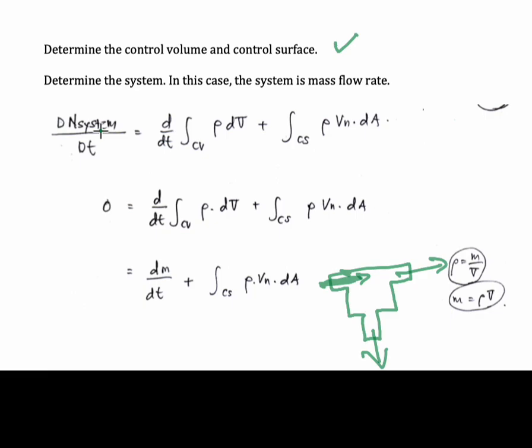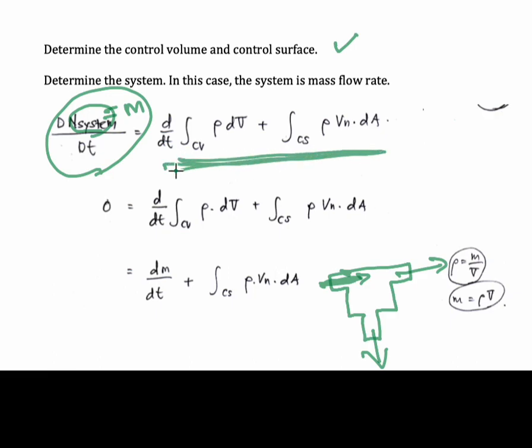Because the N here is equal to m, dm/dt will give you the value of m in a certain time. So what we could do is simplify the equation into this one. We have d/dt of the integration over the control volume of rho dV, plus the integration over the control surface of rho v dA.